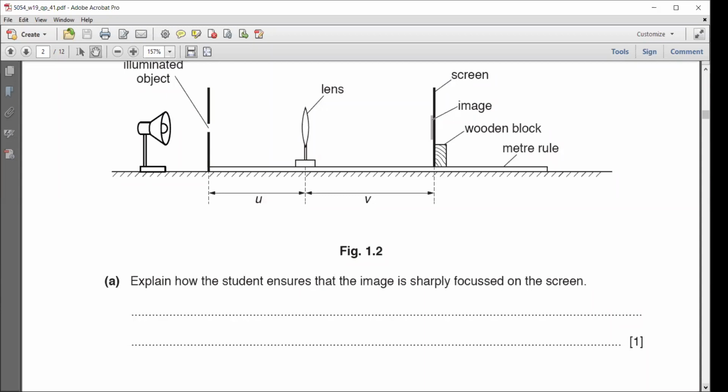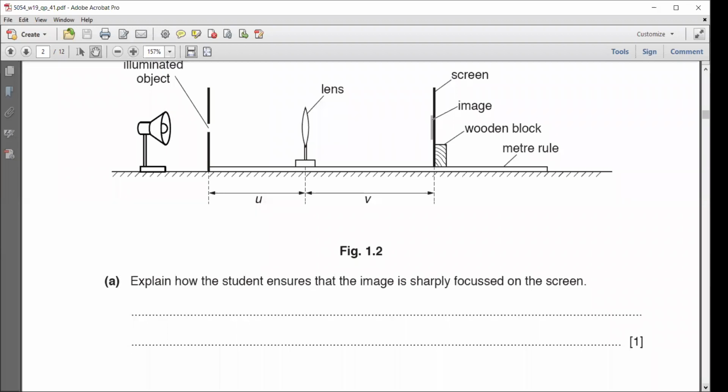Got the point? Because the lens has a focal length, right? If you move it so much, then if it is outside of the focal length, it is difficult for you to get the image.